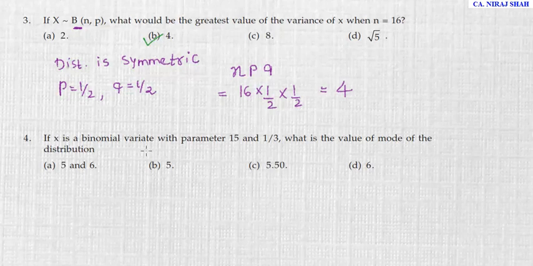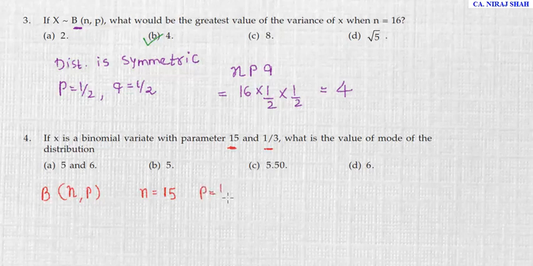If x is a binomial variate with parameters 15 and 1 by 3, what is the value of the mode of the distribution? See, binomial distribution has two parameters. One is n and another one is p. Here, n is given to us as 15 and p is given to us as 1 by 3.